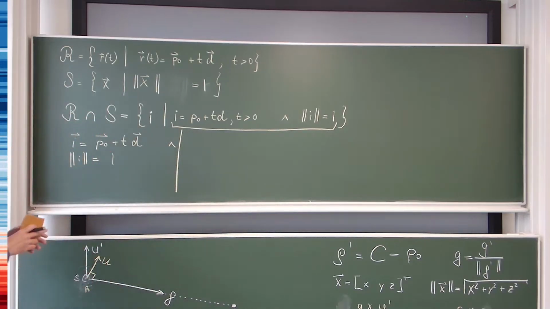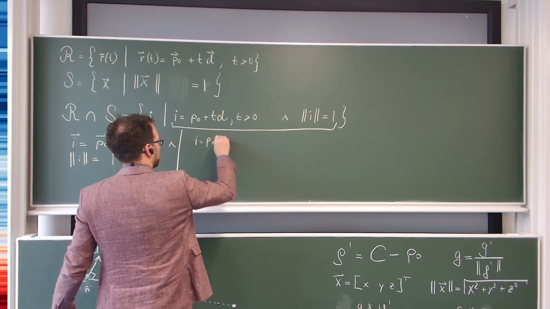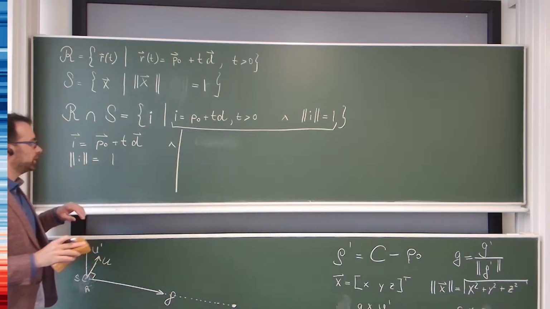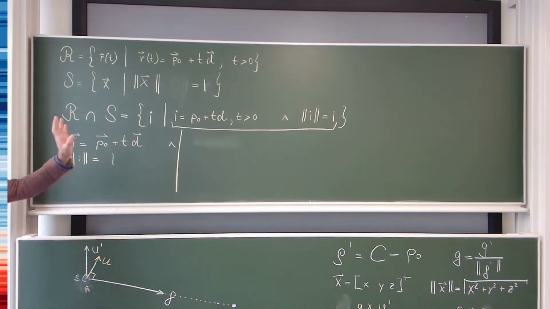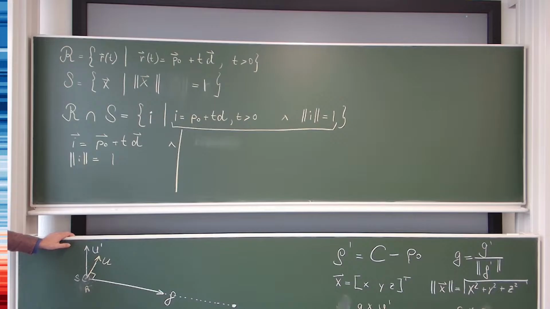Two equations. So I equals P0 plus t D. Let's start with this one. We can swap those. We need to take both, always and everywhere, but we can swap them. Let's first translate this to something maybe more tractable.